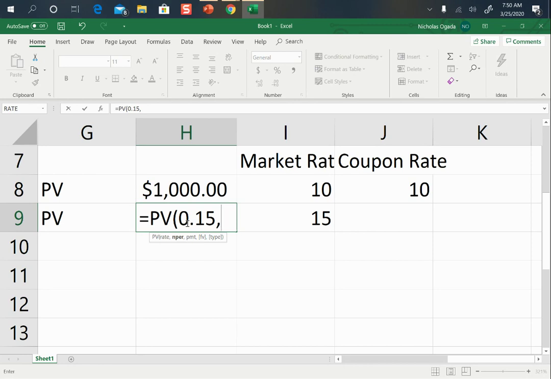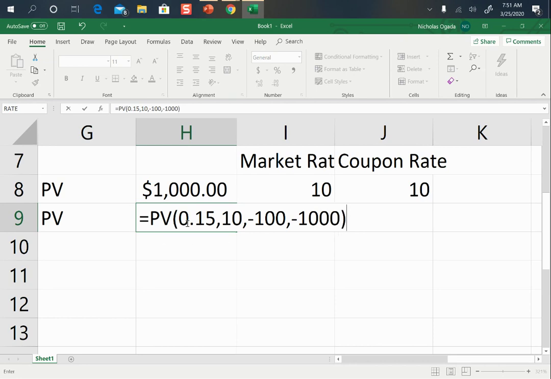The number of periods are still 10, and the payment is still 100, because remember the coupon rate remains to be 10%. So in this case, the payment does not change, which will still be 100, and the future value remains the same because this bond has a face value of 1,000. So the value of this bond is still $1,000 as the face value.